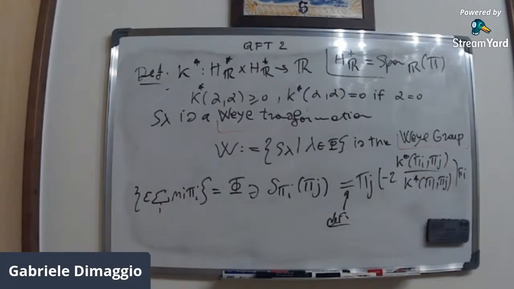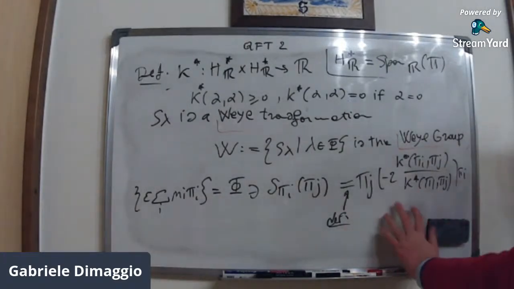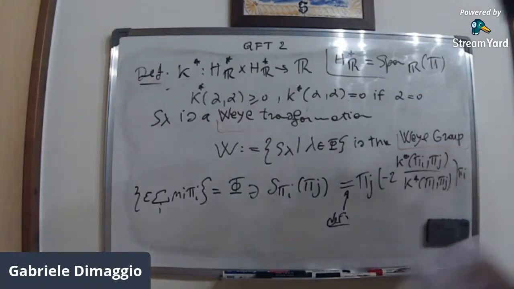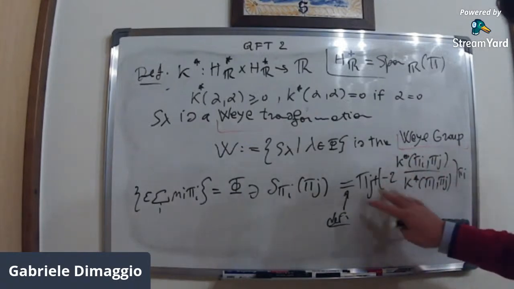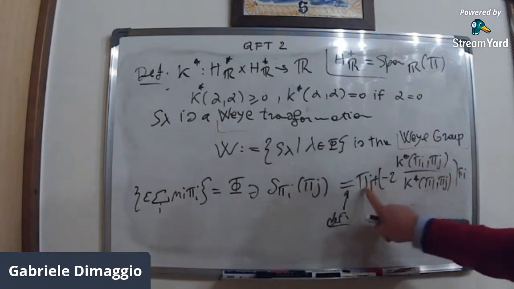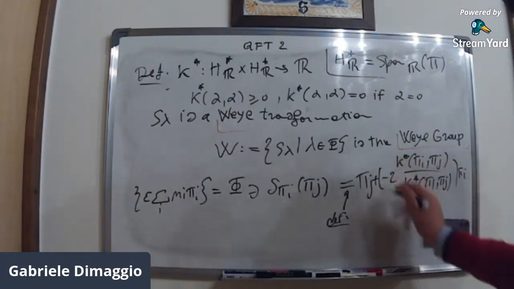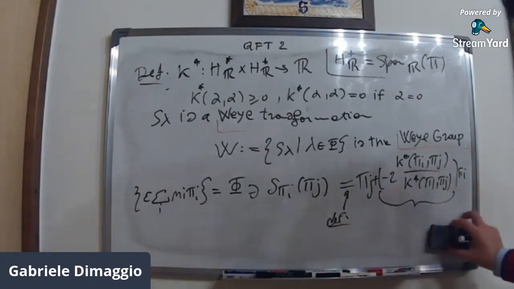So what did I do? I take the Weyl transformation as lambda. Here I have plus, which isn't a multiplication, as a sum pi_j plus minus 2. But why do I put this bracket?